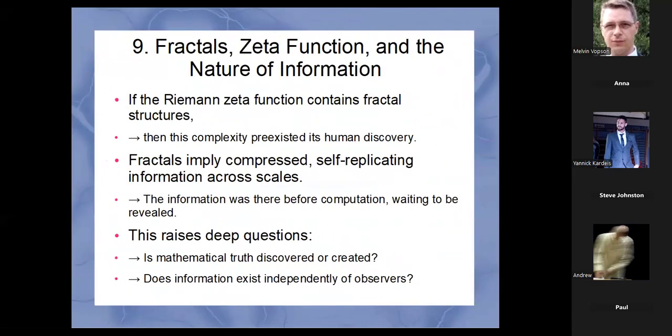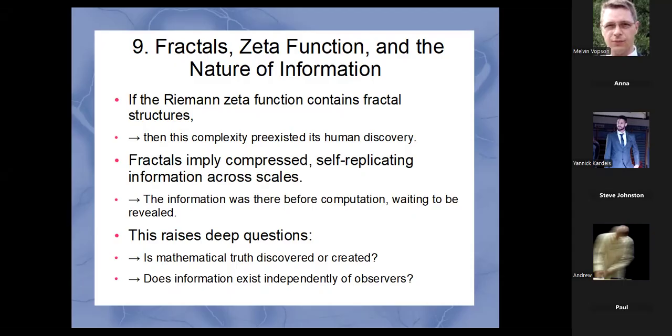So the last slide we have is fractals, the zeta function, and the nature of information. For example, if the Riemann zeta function contains fractal structures, then this complexity pre-existed its human discovery. That means the zeta function maybe existed even before Riemann could have thought about it. And these fractals and the information were there before computing.